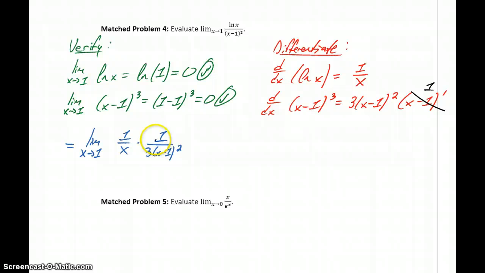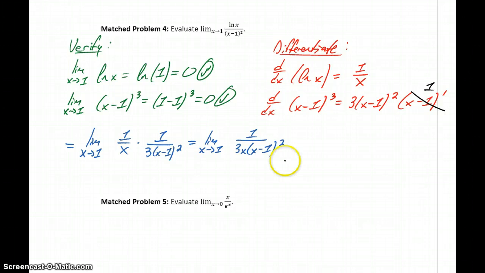I'm just writing it as the product of two fractions so that I don't get a complex fraction. So just a little bit of algebra to rewrite that. Or we could combine that, simplify that to rewrite this as the limit as x approaches 1 of 1 over 3x times (x minus 1) quantity squared.